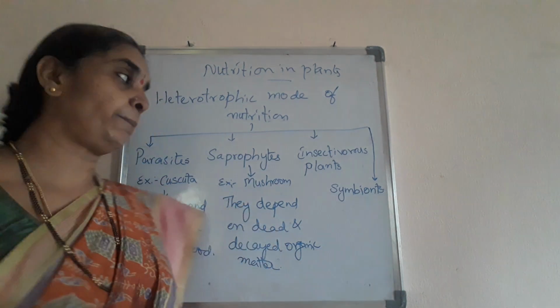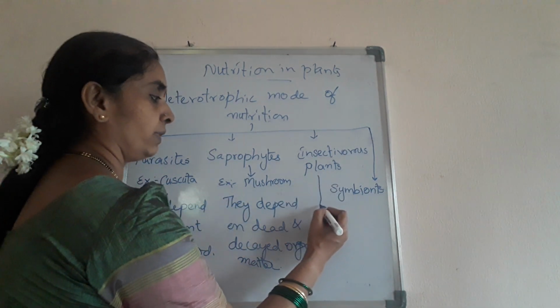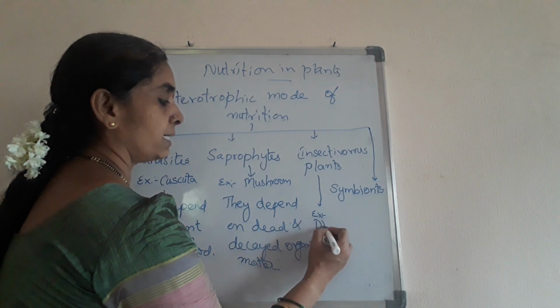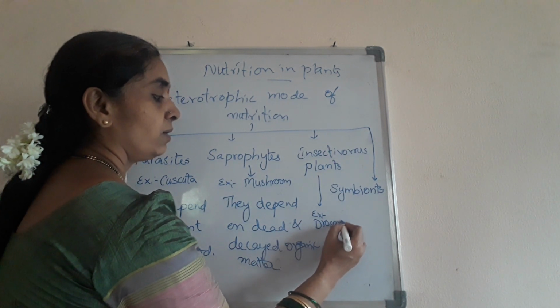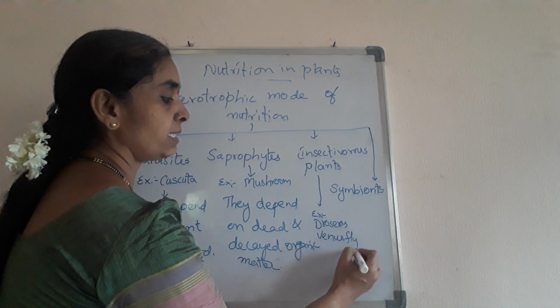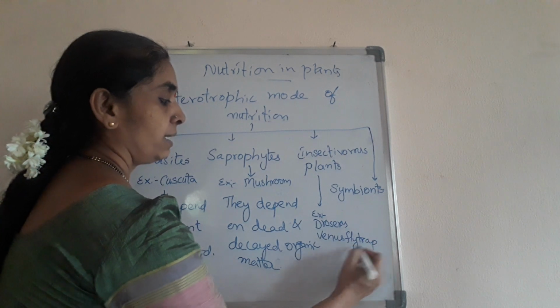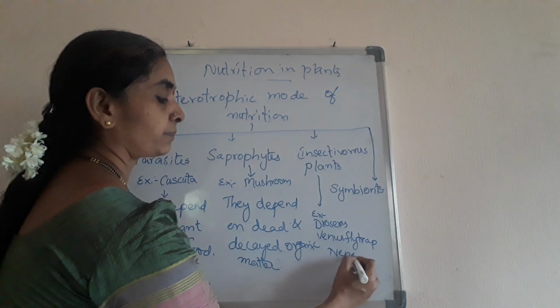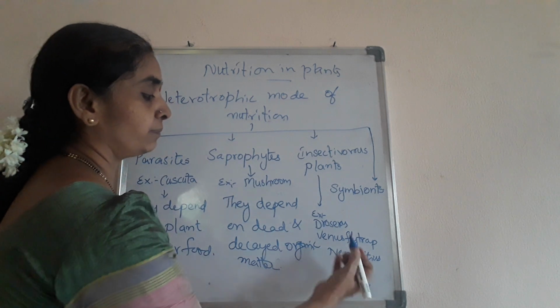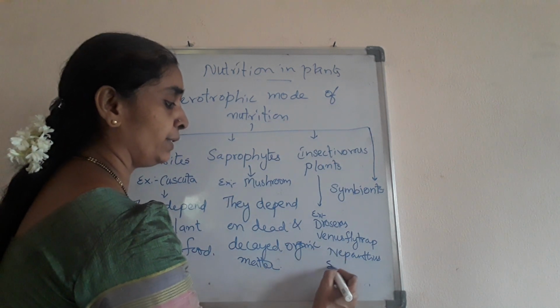Insectivorous plants depend on insects for their food. The examples mainly being Drosera, Venus flytrap, Nepenthes, and what more being sundew.